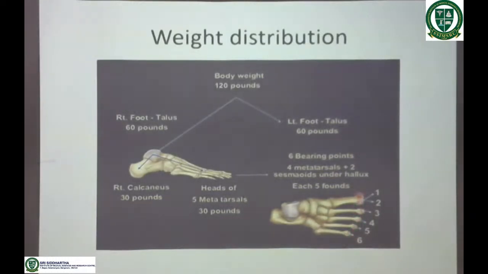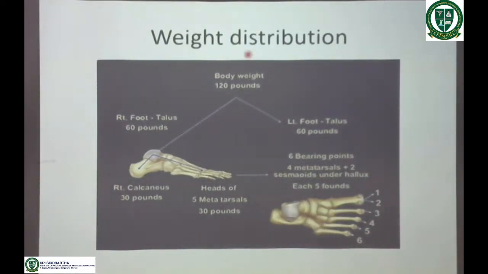Totally, in the anterior part, there are 6 weight-bearing points, the 4 metatarsals including the 2 sesamoids. So 5 pounds gets distributed to each. So 30 to the calcaneus, and the 30 anteriorly at 5 each, then from the lateral aspect to the ground. So that's about the weight distribution through the arch.